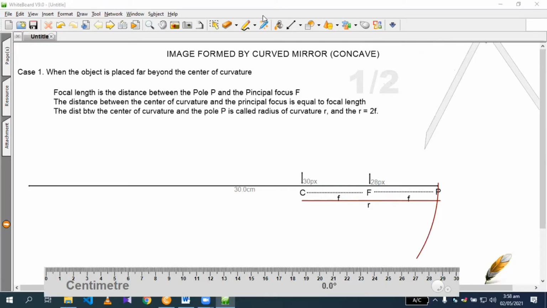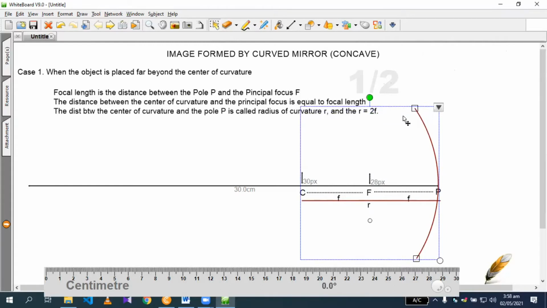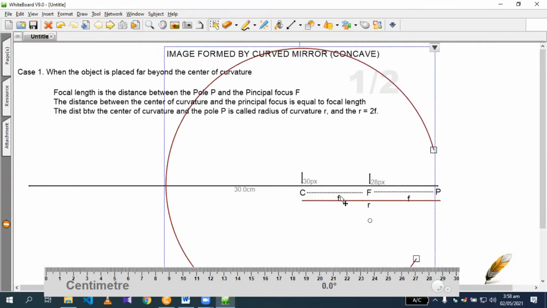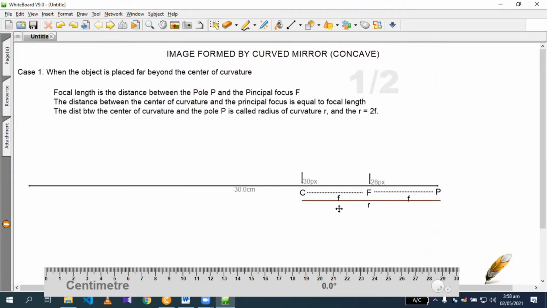Somebody might ask, what is he drawing? Now, if I continue this, we actually form a circle. You can see that, right? So now you can see that that actually formed a circle, but what you're looking for is a curved mirror. So that's why I'm going to be doing this.